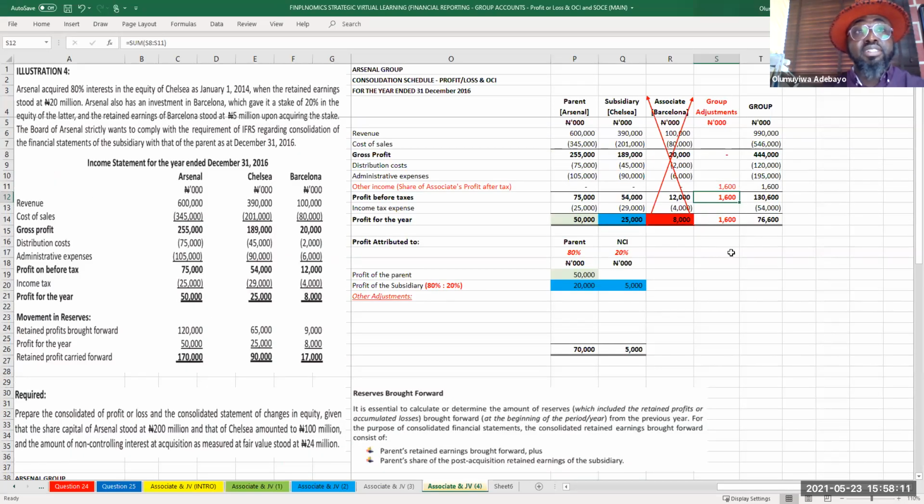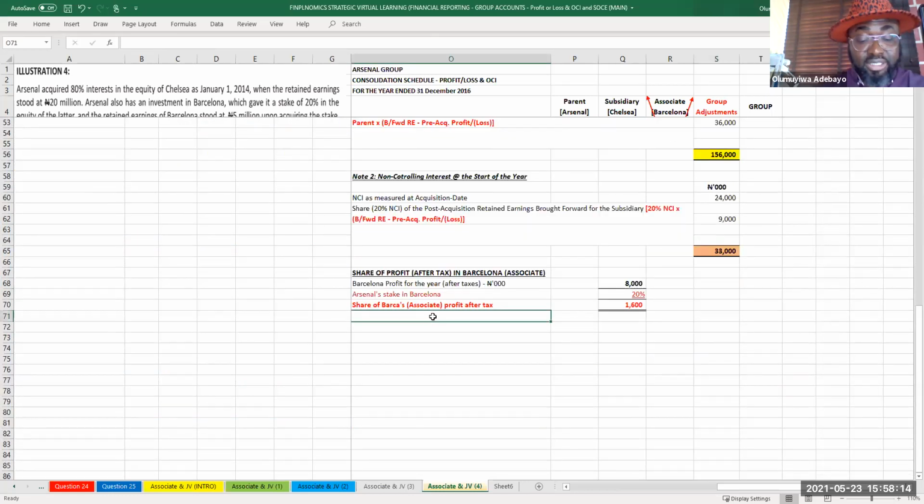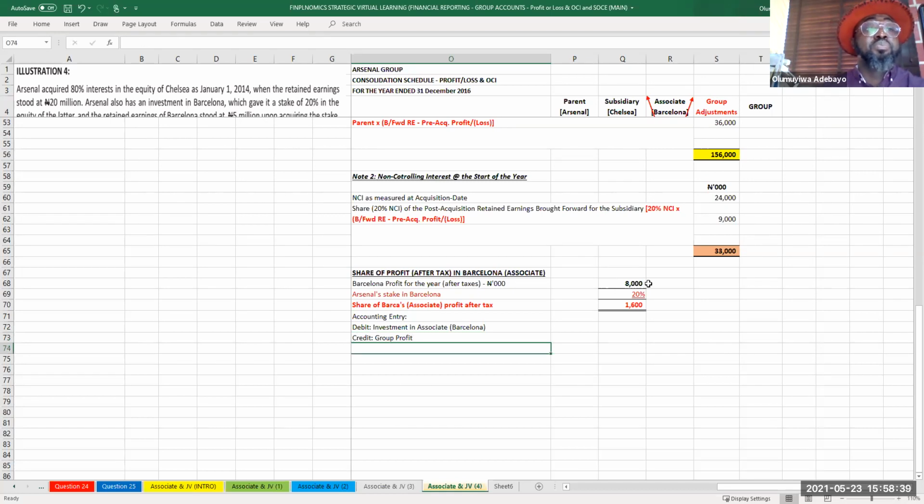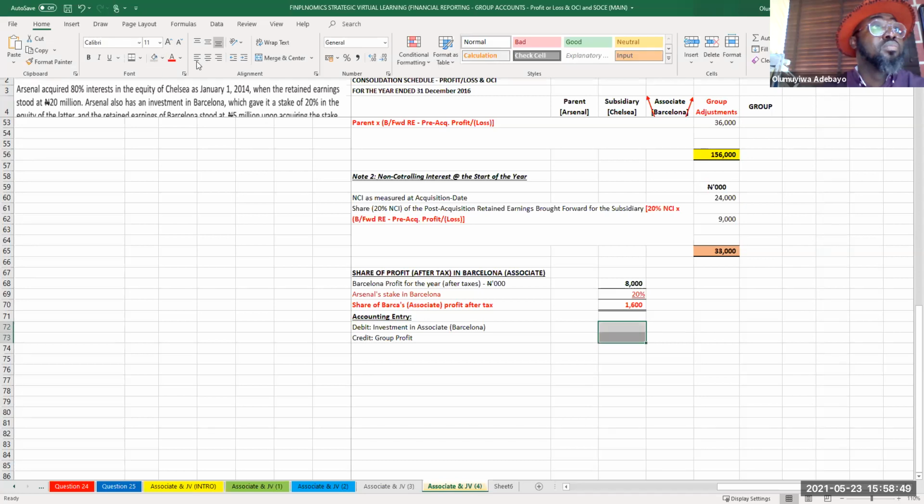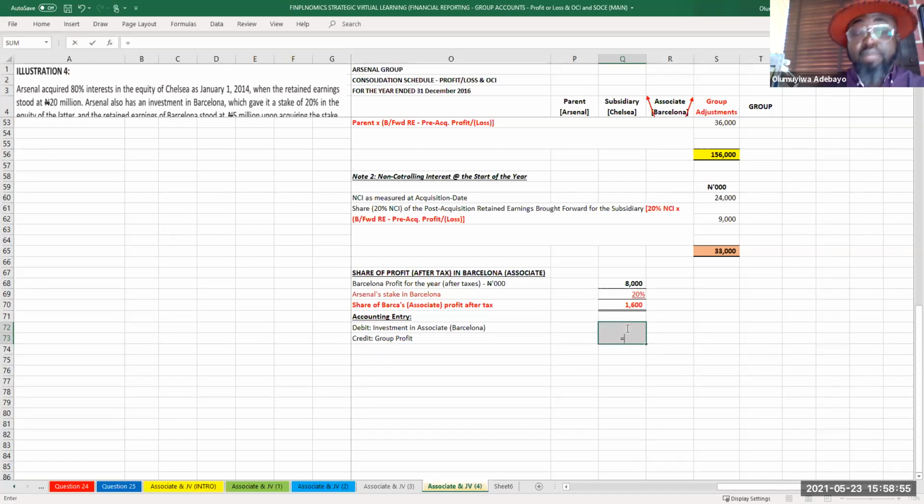Because this adjustment, if you are preparing the balance sheet, the accounting entry will have been debit the investment in associates, which is Barcelona, and credit our profits, which is what we've done here. With how much?